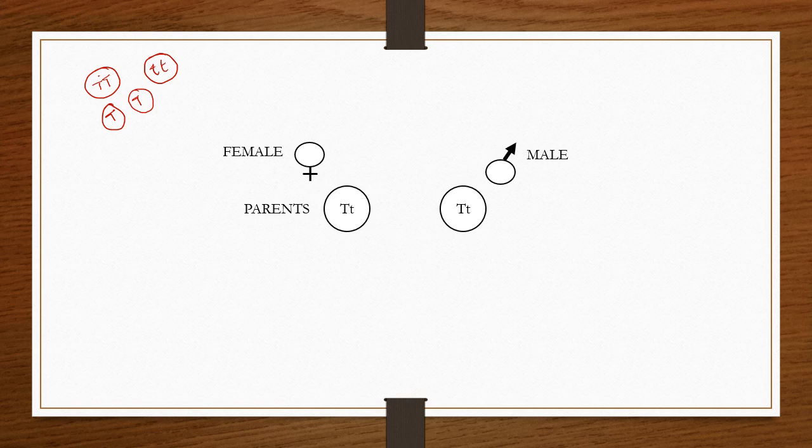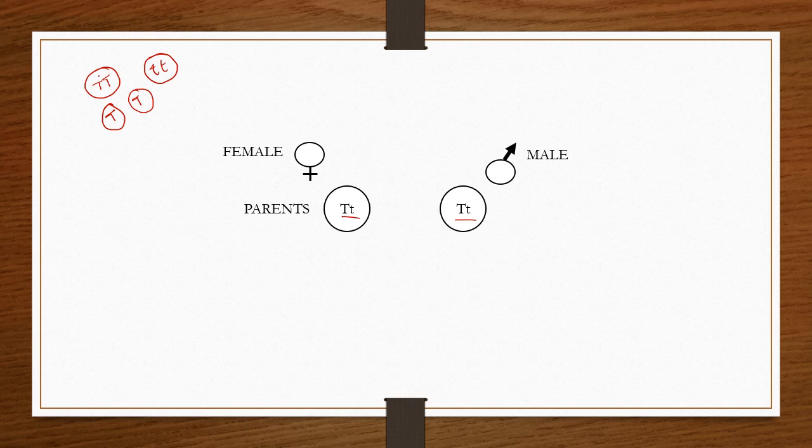What we are saying is that the factors always occur in pairs. So in that pair, one has capital T and small t and the other also the same. So they both are selfed.